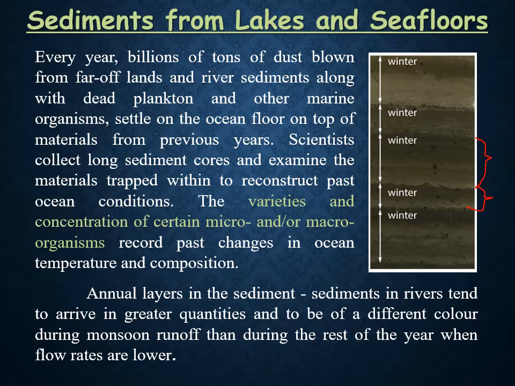Not only that, some kinds of abnormal deposits, say for example, the volcanic ash. If a massive volcanism occurs and thereby aerosols are sprayed into the atmosphere, then after some time in suitable condition, when this ash settles, it is also found recorded within these marine or lake sediments.